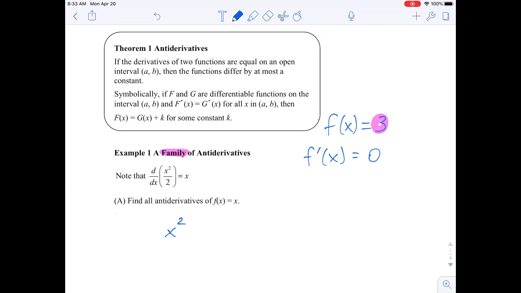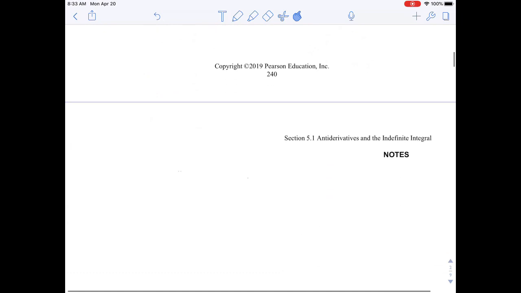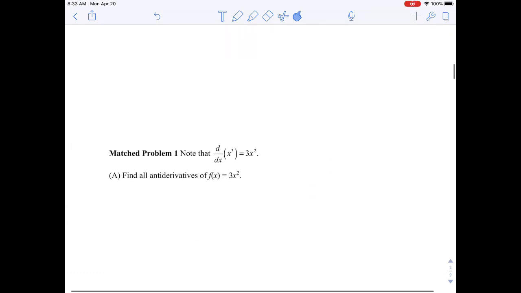And if I take the derivative of this, it's going to bring a 2 out in front, so I need a 1/2. And again, it's a family, so I use the capital C to represent constant. The book uses this lowercase k. So think about match problem 1 and the notes above there. So go ahead and do that.